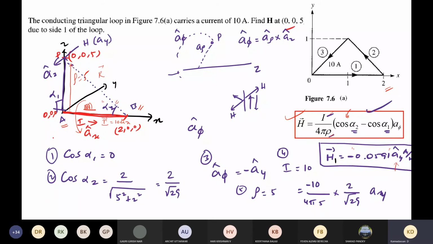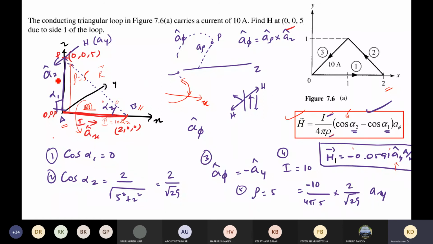But what about the unit vector? How to calculate it? We already know that whenever the current is traveling along, let's say, the x-axis, then the magnetic field will go in this way, and whenever the current goes in the opposite direction, the field will come in the opposite direction. That is the key thing you are supposed to remember here.